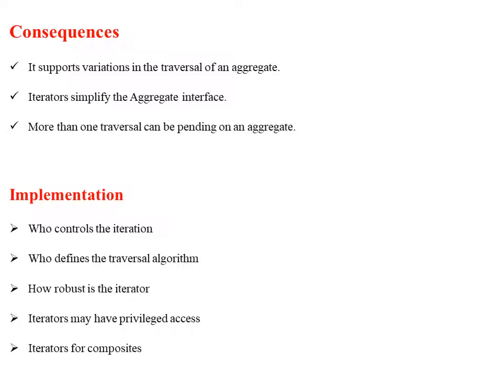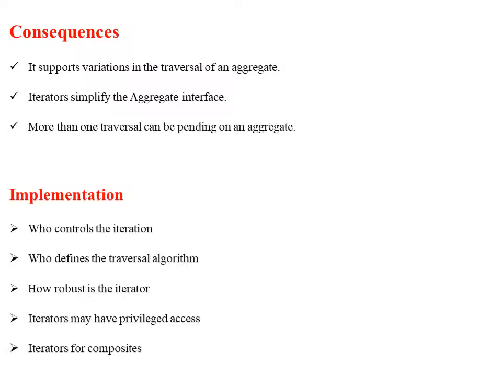In one way the state will be stored, and this key idea of the pattern is known as a cursor. So under who defines the traversal algorithm, the cursor defines it based on the iterator class, the abstract list, and the concrete aggregate objects. And the next implementation technique is how robust is the iterator.